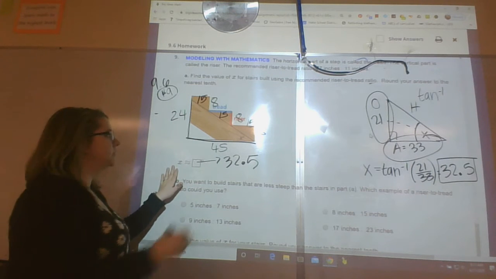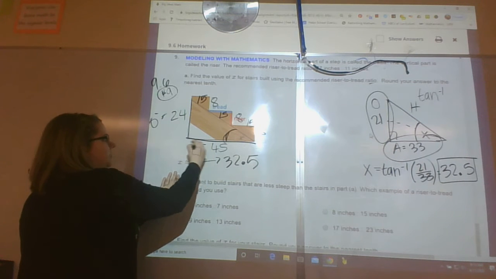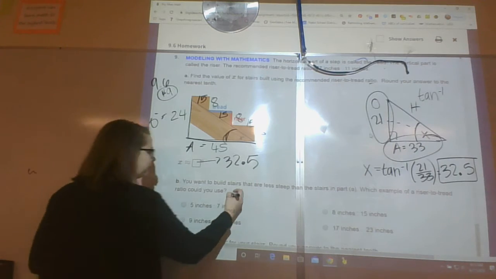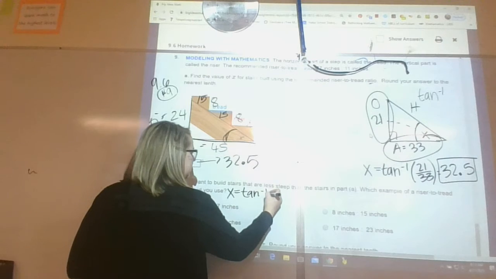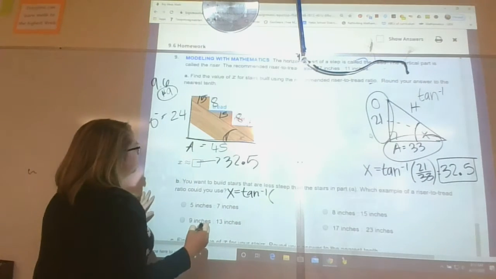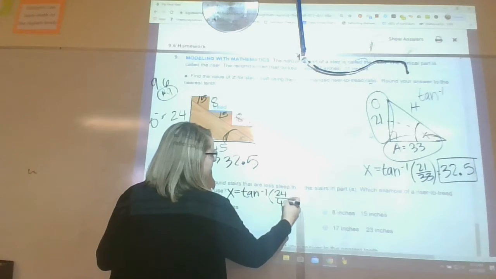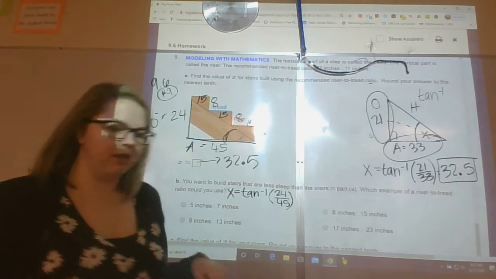So I have those. Here's my x. Again, this is still my opposite side, and this is still my adjacent side. So we're going to do tangent inverse again to find this angle. So now x equals the tangent inverse of 24 over 45. Okay, I'm going to put that in my calculator.